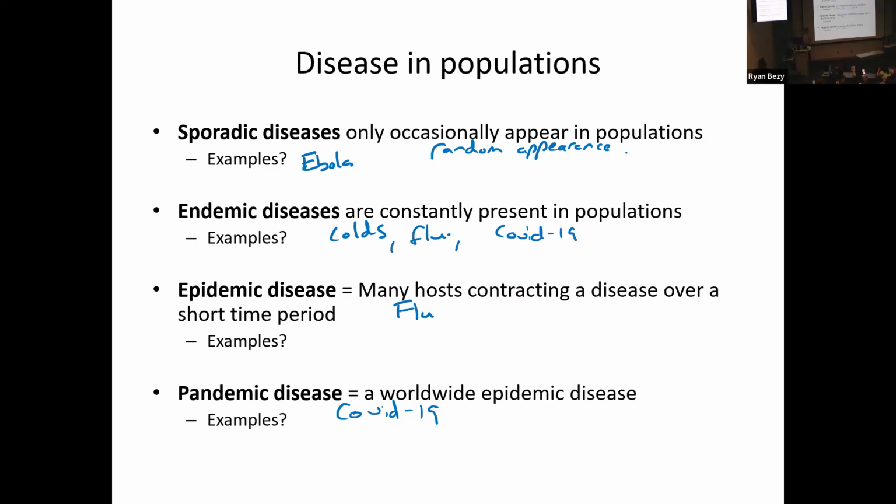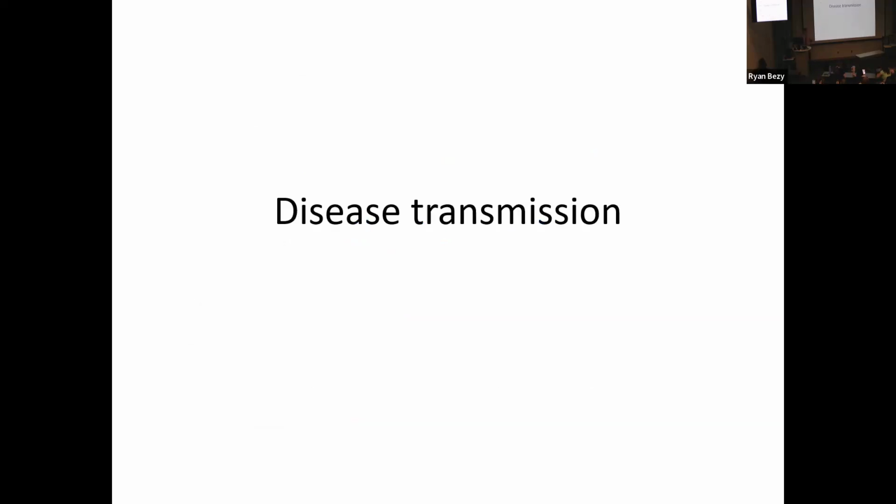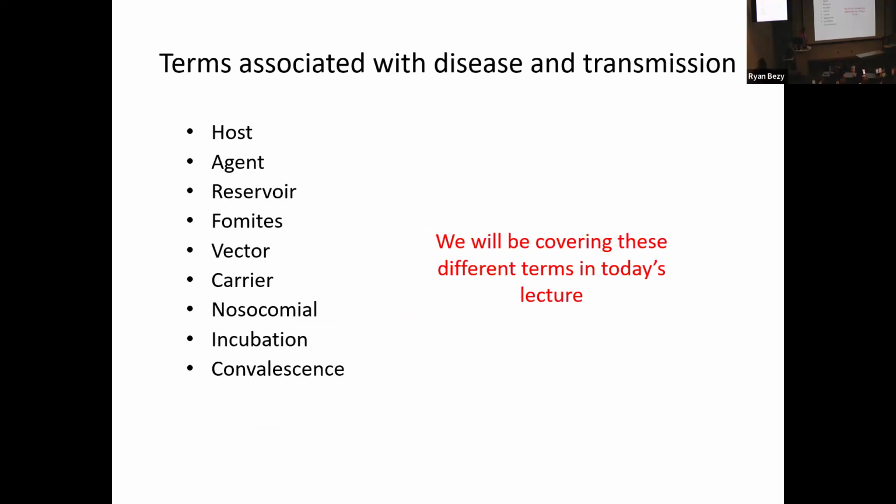So we've been talking about some of these pathogenesis terms, but again, pathology is looking at causative agents of disease. It's also looking at the spread or transmission of disease. So we're going to start going through these. These are some terms I'm going to start using or defining as we go through disease and disease transmission.